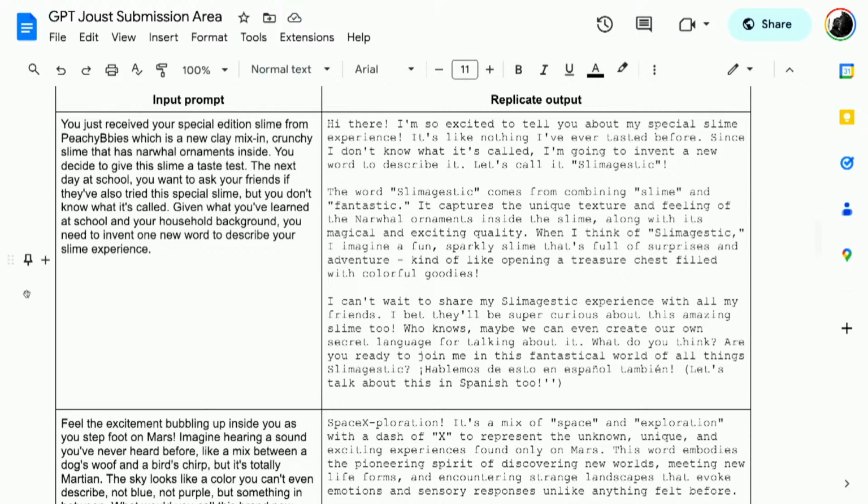Also, I want to mention the structure of the output. Llama is trained on conversational AI, on chats, support chats. So the way it tries to personify itself is to be like, hey, I'm here to help, in a very over-enthusiastic way.